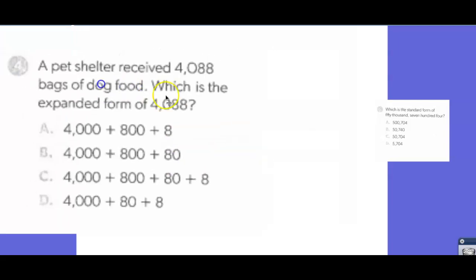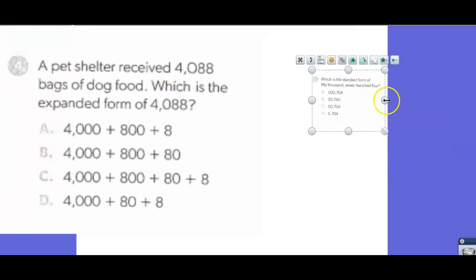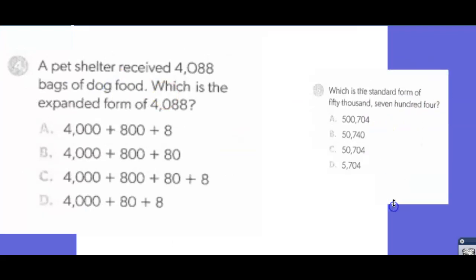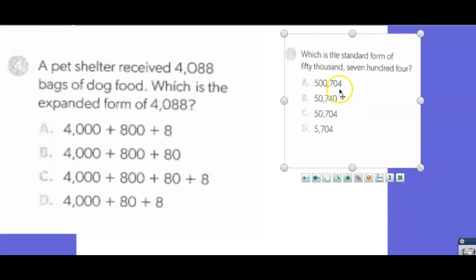So an example of word form goes like this. Okay, that's word form. Right here, 50,704, and they're changing it to standard form. Expanded form is we break apart, we decompose it. Standard form, we put it back together, or we compose it.